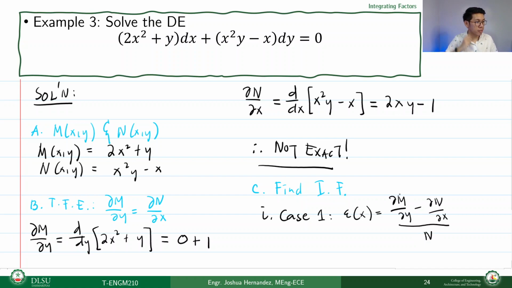Now, if this gives us an expression that is dependent only on x, then mu of x equals e to the integral of epsilon of x dx is our integrating factor. So let's try and do it.